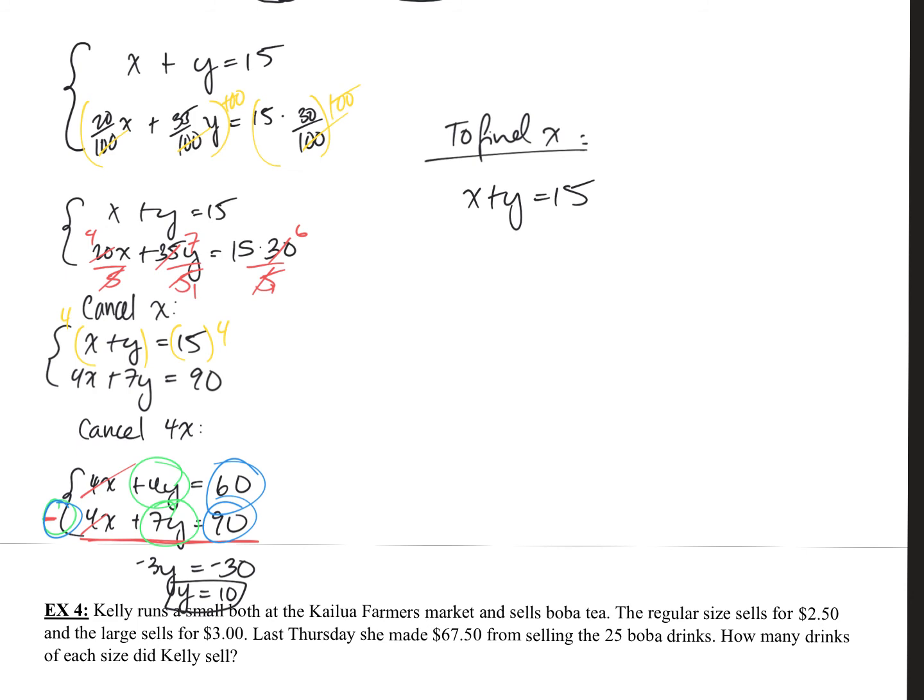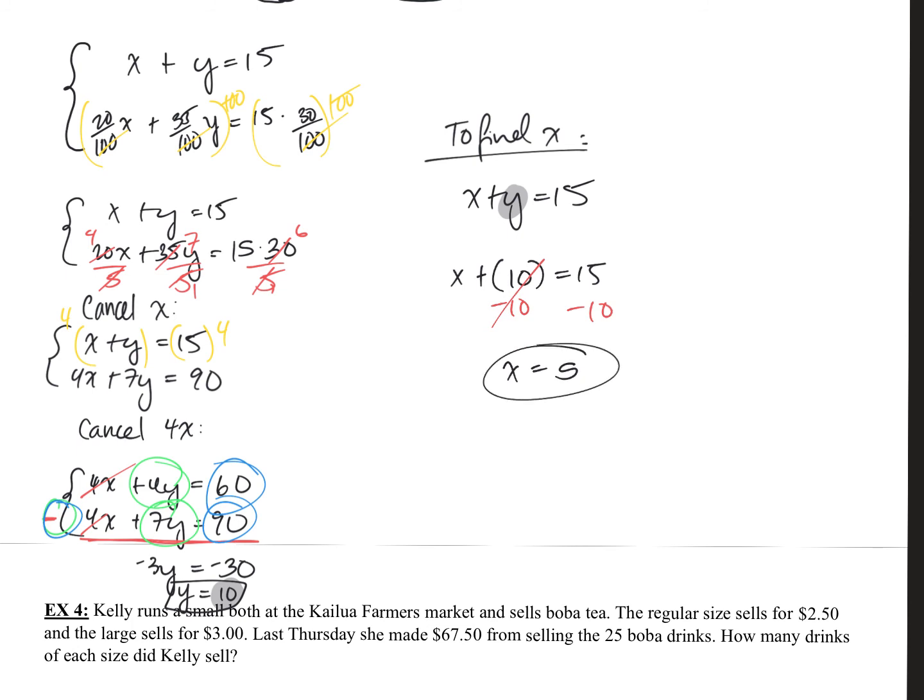We know that y equals 10, so we substitute that into the equation. So x plus y, which is 10, equals 15. Then we subtract 10 from both sides, and we get x equals 5.